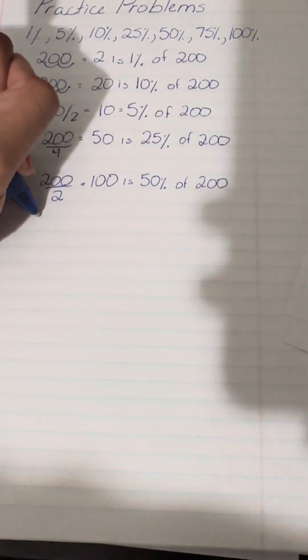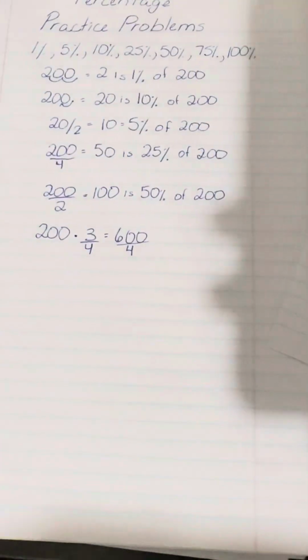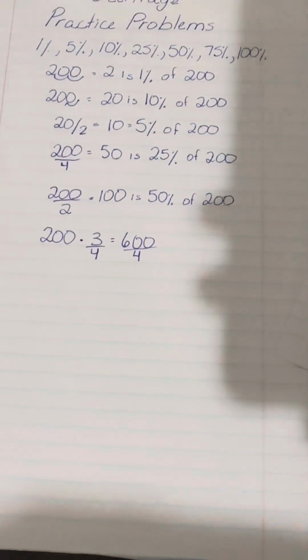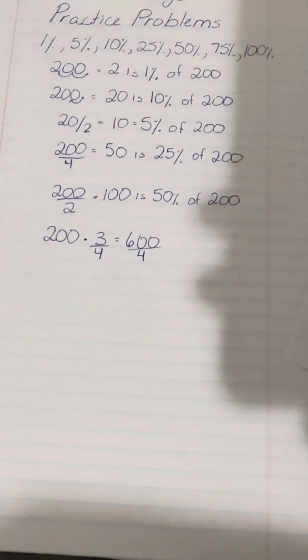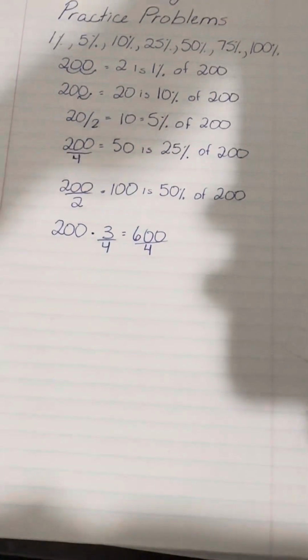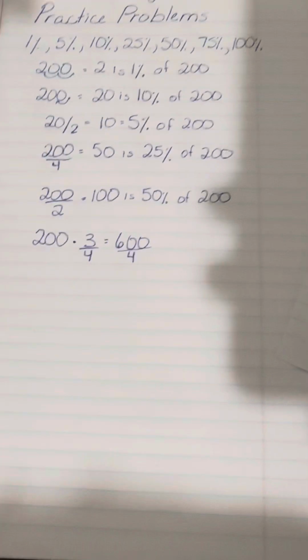And let's do 75 next. So remember, with 75, we have to do 200 times 3 over 4. That should give us 600 over 4. That should be 150. 600 divided by 4 is 150.